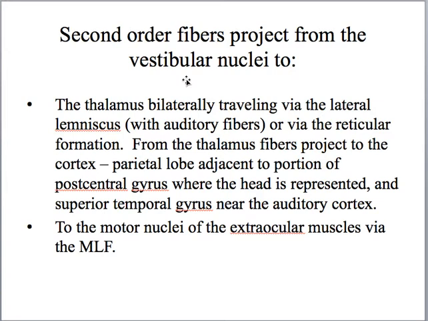Now, in order to coordinate your eye movement, you're also going to have to innervate your extraocular muscles. This is done by the medial longitudinal fasciculus tract, which interconnects the abducens, the trochlear, and oculomotor nerves, ipsilaterally as well as contralaterally.